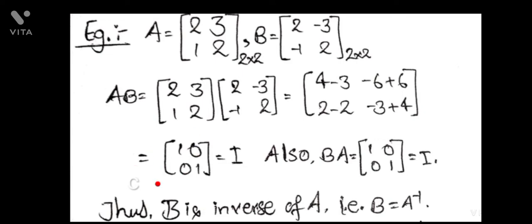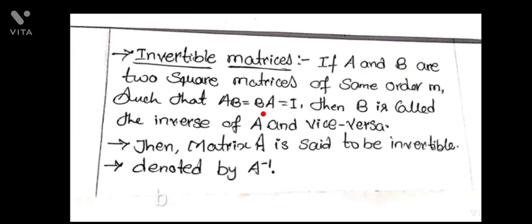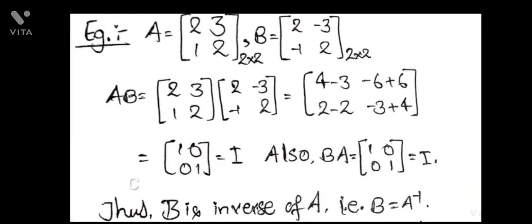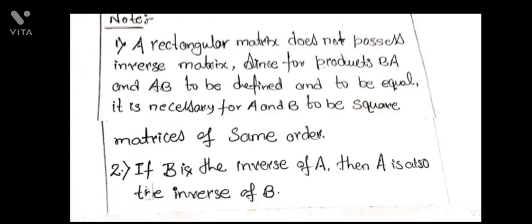If we find BA also, we get the same result. So AB is equal to BA, and that is equal to I, as the rule goes. So we can say B is the inverse of A, that is B is equal to A inverse.